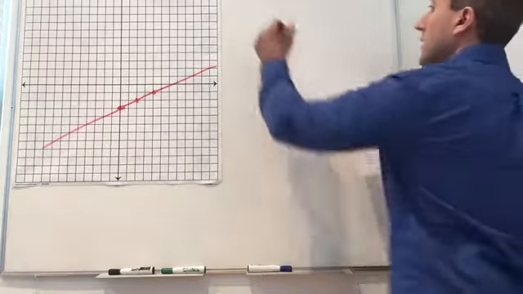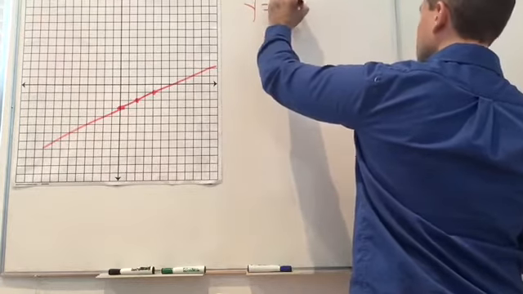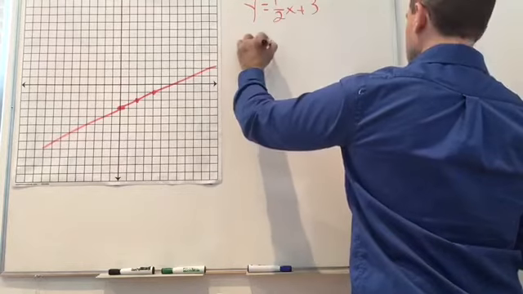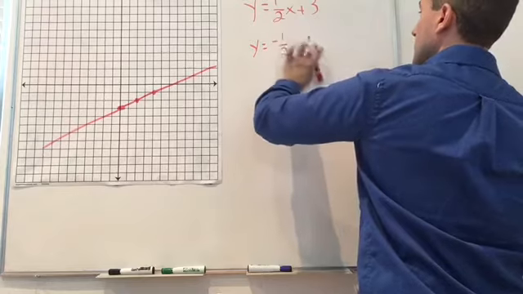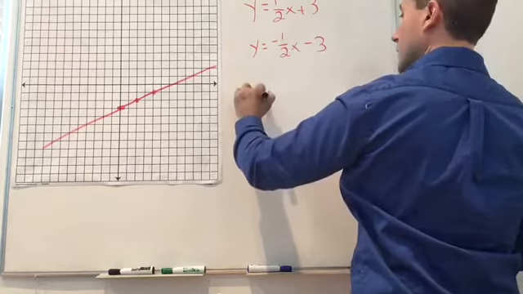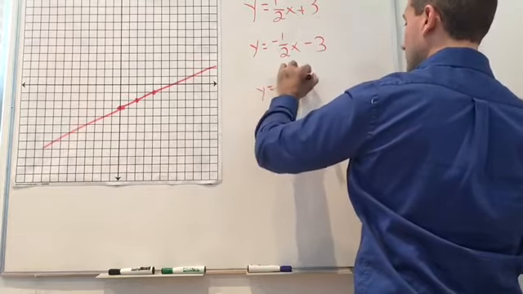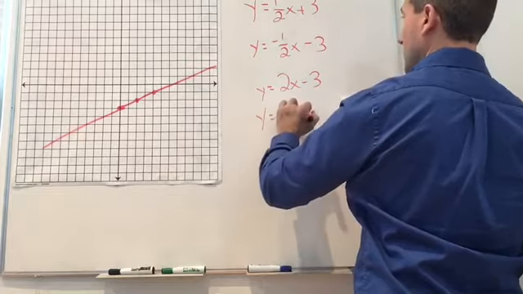Let's say we have all these answer options: y equals 1/2 x plus 3, y equals negative 1/2 x plus or minus 3, y equals 2x minus 3, and y equals 1/2 x minus 3.